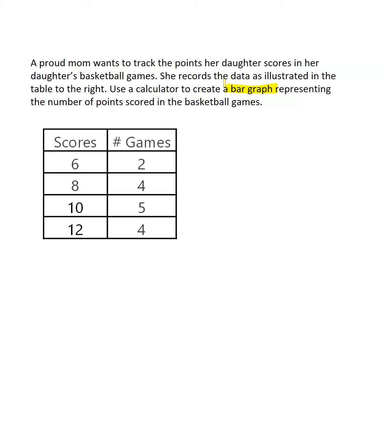Okay, so that means you may have to adjust the class width and the number of classes. If you are given a desired number of classes, then you'll have to incorporate that, do the xmin, xmax, and xscl in order to adjust it. Okay, for now I'm not going to do that. I'm just going to go by what the calculator presents to me.